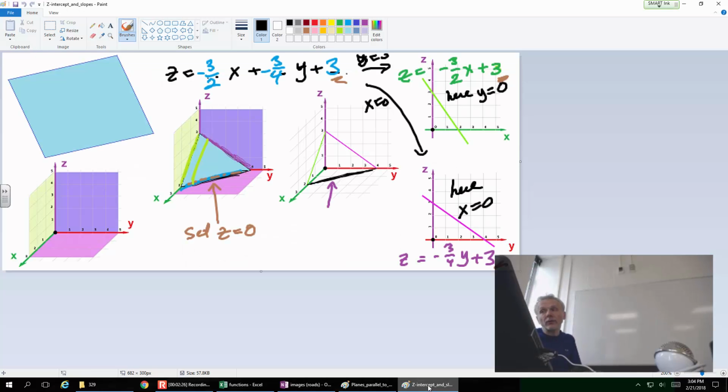So we chose to look at those two planes, both of which had the z-axis. So xz and yz. We paired up one of the two independent variables, x and y, on the horizontal axis, and the vertical axis is the same z-axis.